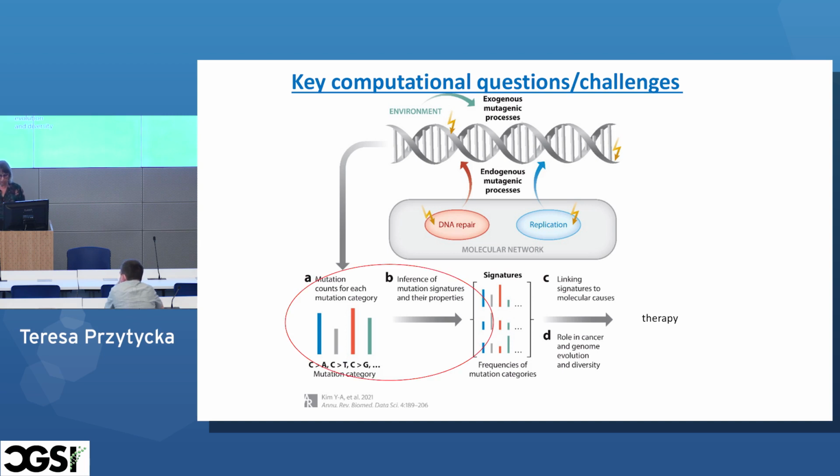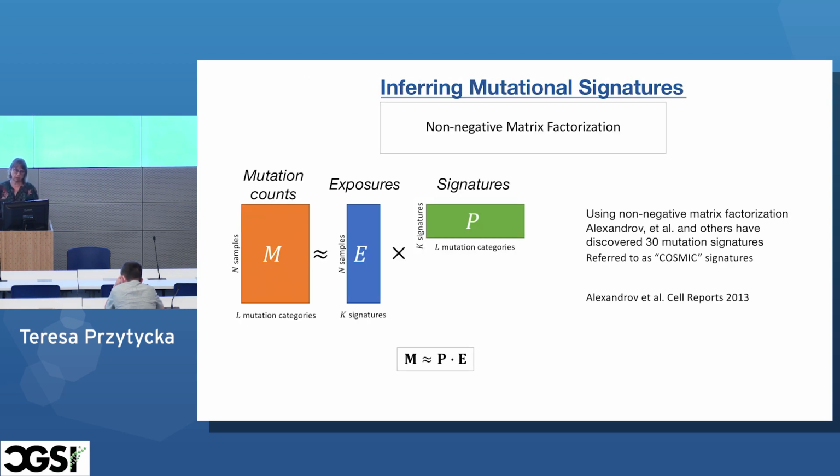So I'll start by mentioning the first problem: having defined what a mutational signature is, how can we identify the mutational signatures that are required to explain the mutations in the cancer genomes that we have in databases.